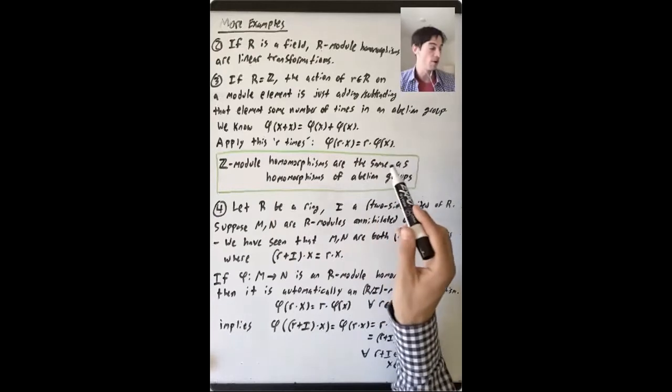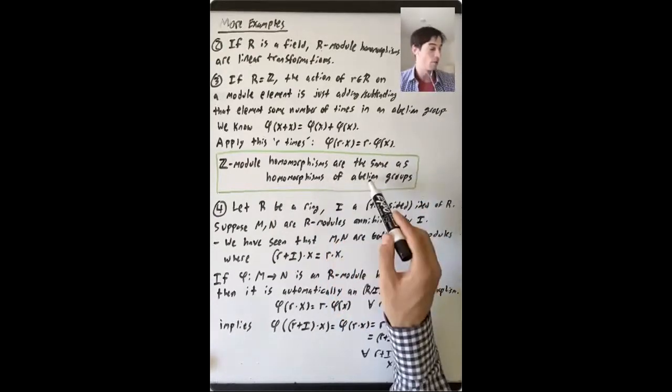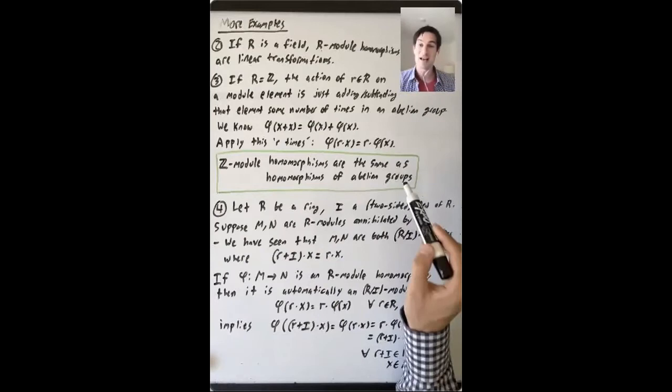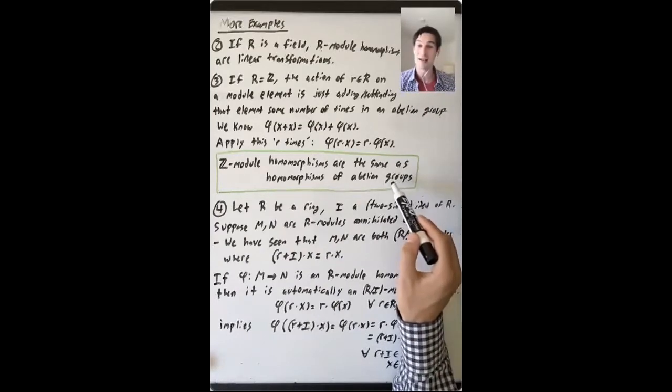So Z module homomorphisms are the same thing as homomorphisms of abelian groups, that the second property follows automatically from the first.